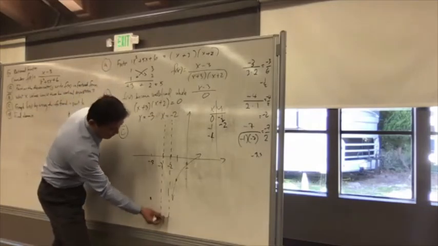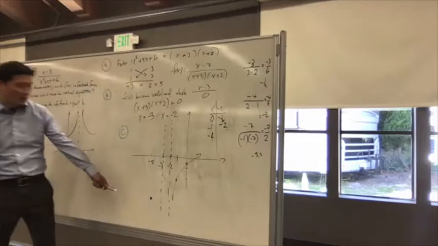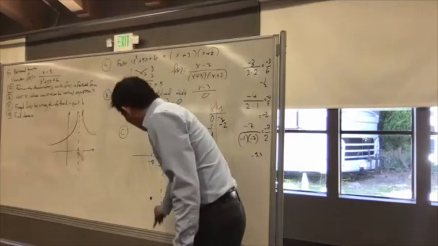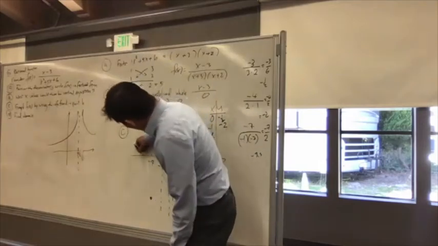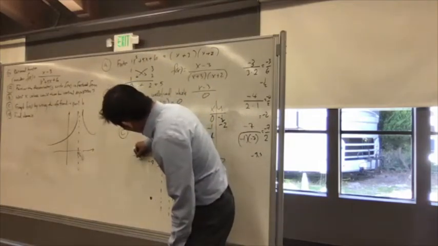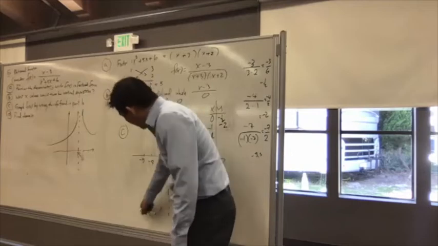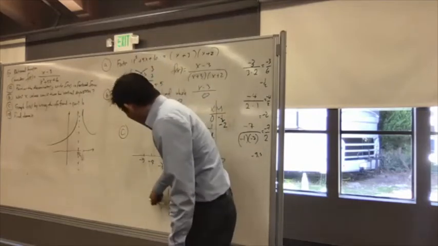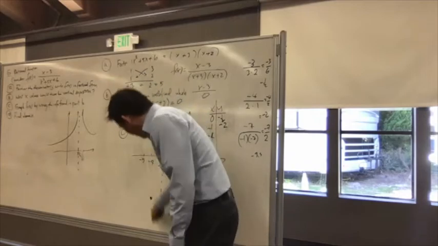If we had the asymptote this way, then you have to figure out whether it's going to go down this way or that way. One way to do it is to figure out what negative 5 looks like. If negative 5 is down below, it's going to fly out this way. If it's a little above this point, it's going to go down that way.